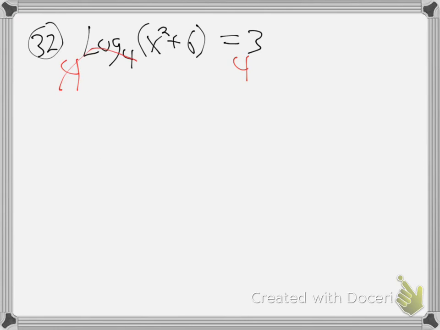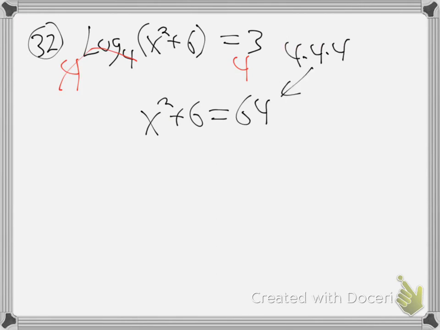That gets rid of the log, right? Powers and logs, we just keep hitting that theme, huh? Exponents and logs are opposites. So then what do we get? x squared plus 6 is 4 to the third. That's 64, right? 4 times 4 times 4. Now we got rid of the logs, got rid of the powers, we're just regular now. How do we solve for x?